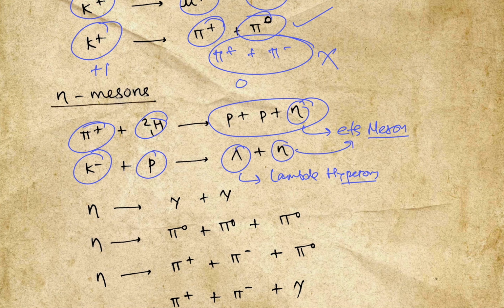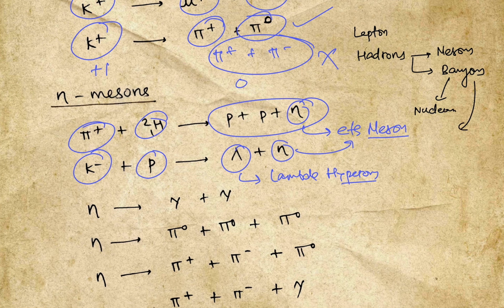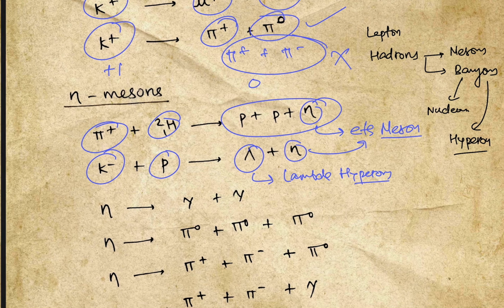Let us go through the classification once again, just so that you remember it. Particles are basically leptons or hadrons. Hadrons are basically mesons or baryons. And baryons are of two kinds: one is nucleon and another is hyperon. We are studying mesons right now.